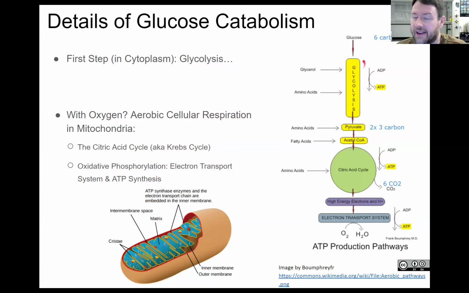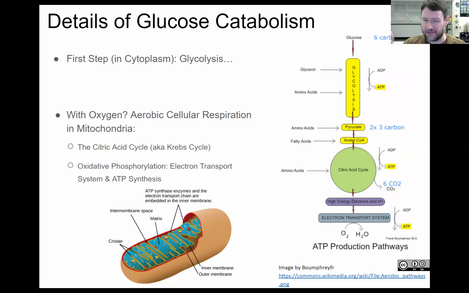If glycolysis produces 2 ATP per glucose on a net basis, in the citric acid cycle we get another 2 ATP per glucose. The electron transport system would produce something like 24 to 36 ATP. We'll maybe just call it 30 on average.